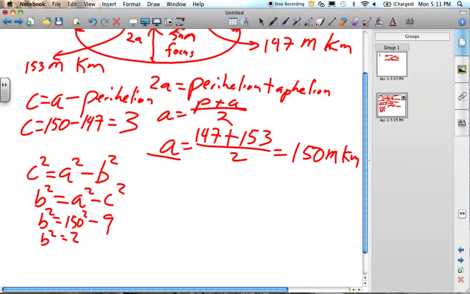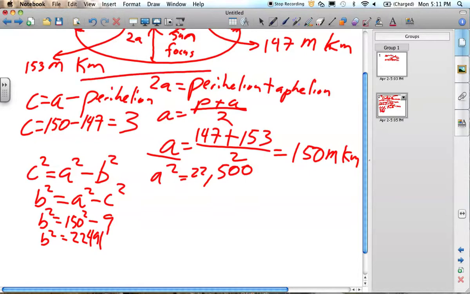Once you get that number, which is 22,491, we need A squared, which is 22,500.